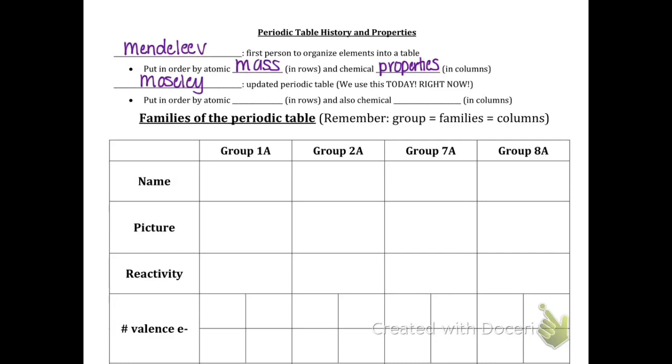Instead of organizing it by mass, he organized it by the atomic number. Remember, this means protons. And also, he decided to keep what Mendeleev did and also put them in columns by properties.